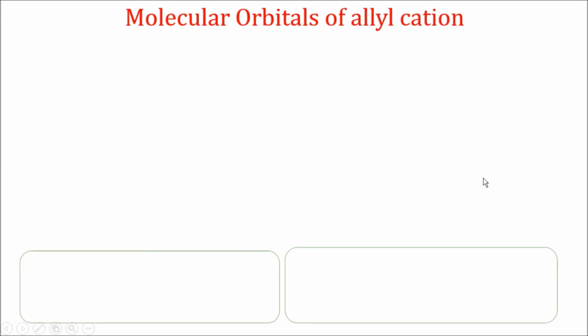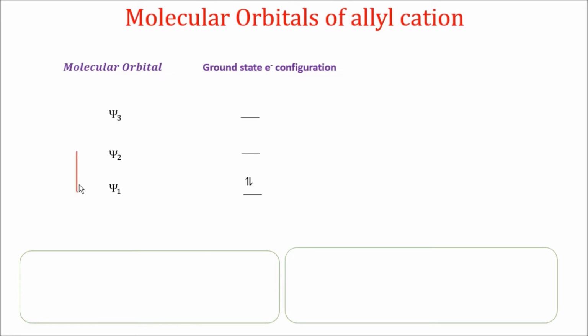Let's see the electronic configuration of these molecular orbitals in the ground state. The number of pi electrons is 2. Those 2 electrons fill into Psi1 only. Here the energy order increases from Psi1 to Psi3.